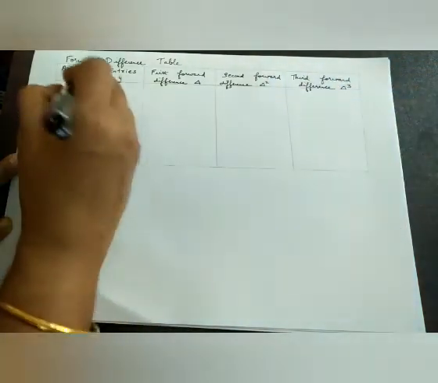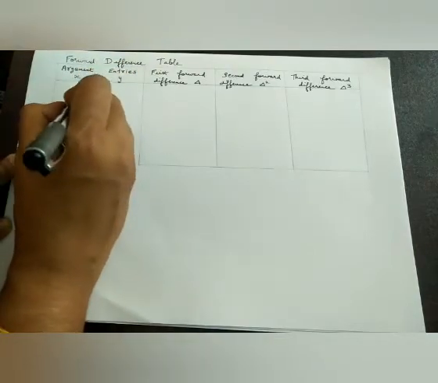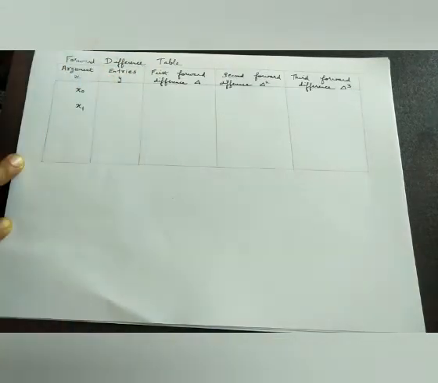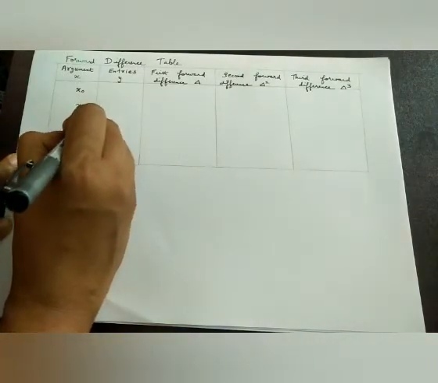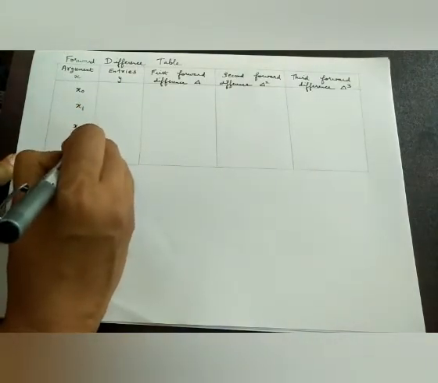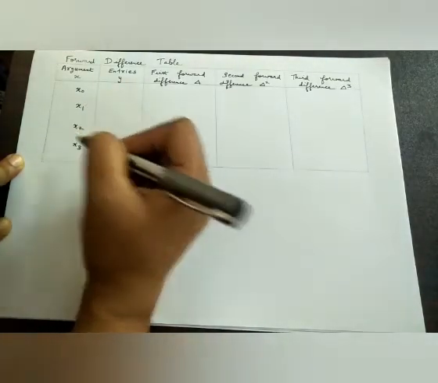So I am writing the arguments. You can denote them as x0, x1, x2 and x3 only.